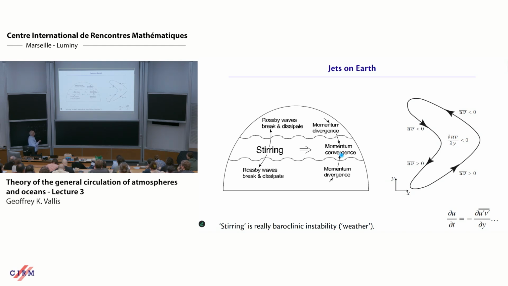In midlatitudes, the zonal flow is actually unstable due to baroclinic instability. There's a hydrodynamic instability, and that gives rise to weather. And that instability is actually independent of the fact that the Coriolis parameter is changing, of the fact that beta could be 0 or non-zero. But we get mid-latitude weather.